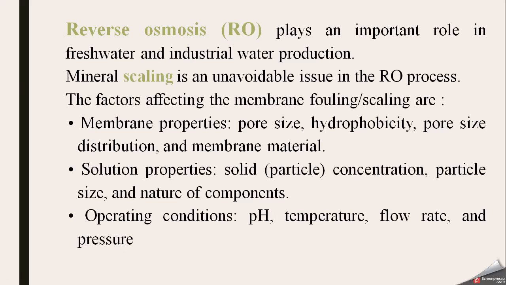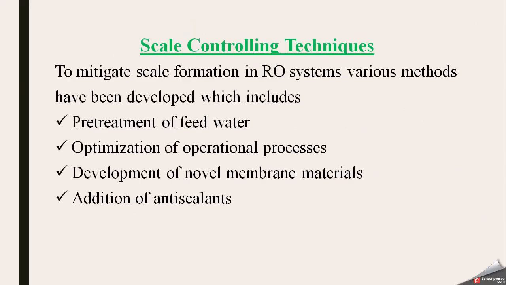So now we will describe these scale controlling techniques. The scale controlling techniques are basically to mitigate scale formation in reverse osmosis systems. There are different types and methods used.